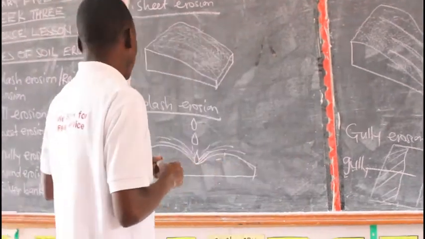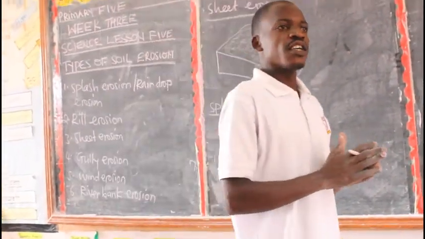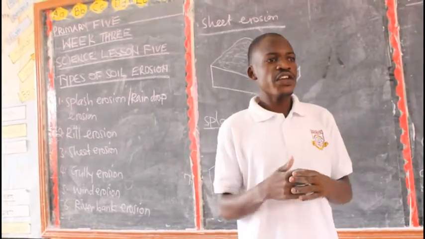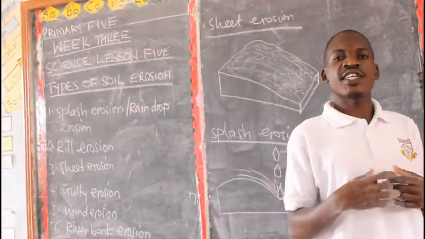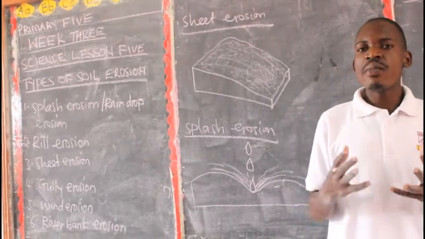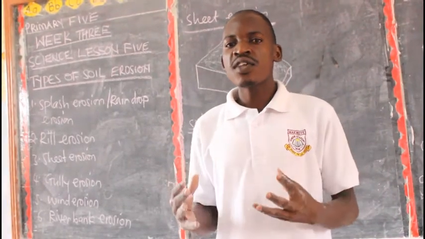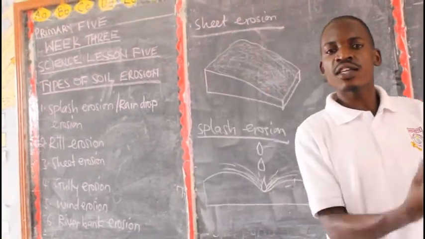So we have another type of soil erosion called wind erosion. This one takes place in an area which has been over-cultivated. I told you that when you are over-cultivating, you make the soil particles loose. When the soil particles become loose, they are easily taken by what? Wind.